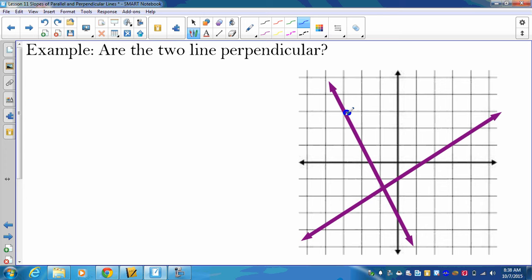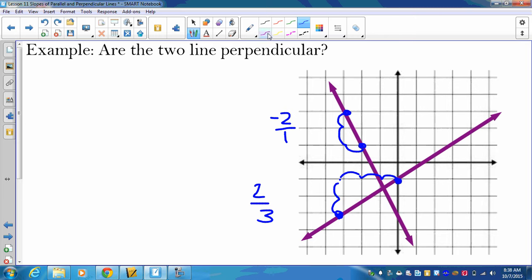So let's check the slopes of both of these lines. This line I'm going down 2, to the right 1. So it has a slope of negative 2 over 1. This one here, I'm going to go up 2 to the right 1, 2, 3.